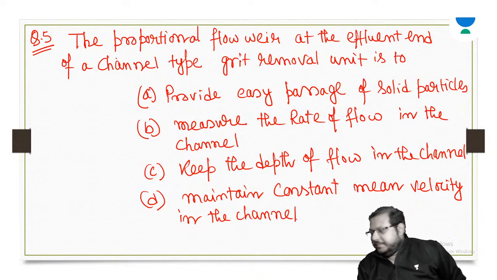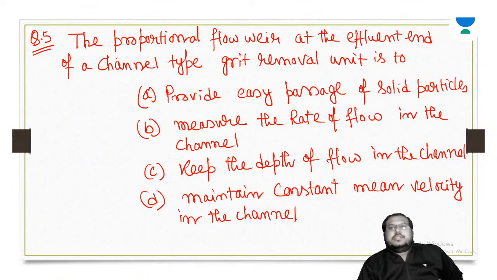See, if you remember, when we went through the grit chamber discussion, I told you the main motto is to control the horizontal flow velocity through the chamber itself. So obviously we need to maintain a constant mean velocity in the channel so that we get proper settlement of grit particles in the grit chamber.